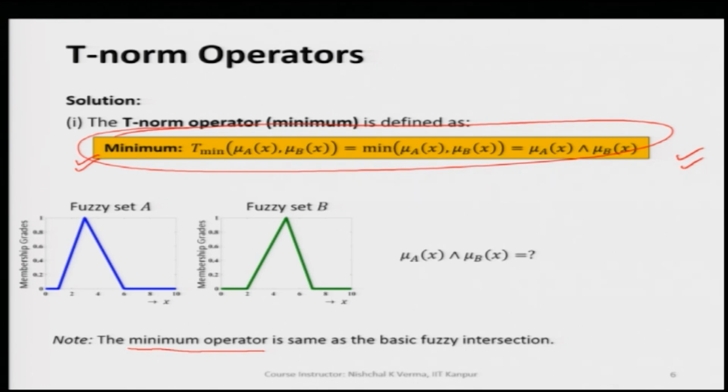Whenever we are using the minimum T norm operator, we normally get the intersection of the fuzzy sets.